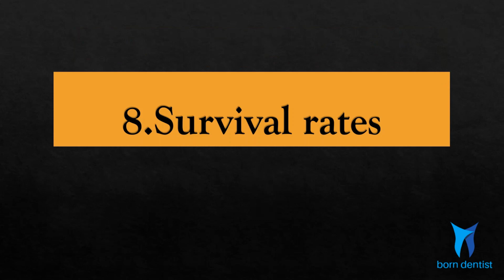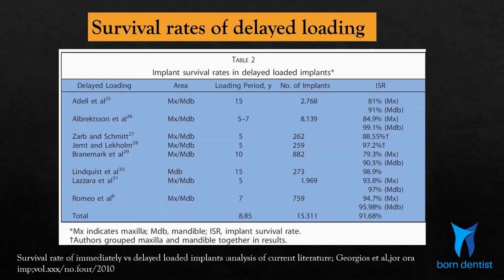Let us lastly look at survival or success rates for each protocol. Look at this table. This table summarizes studies from 1979 to 2007 related to success rate of delayed loading protocol. The mean survival rate in this chart is close to 92% of 15,000 implants for an average period of 8 years.